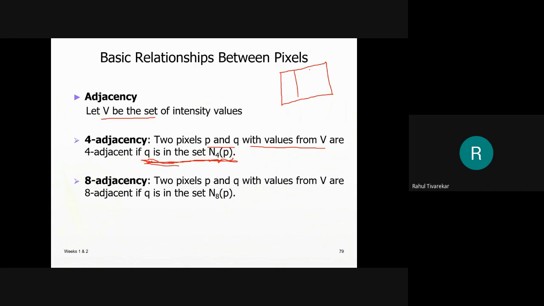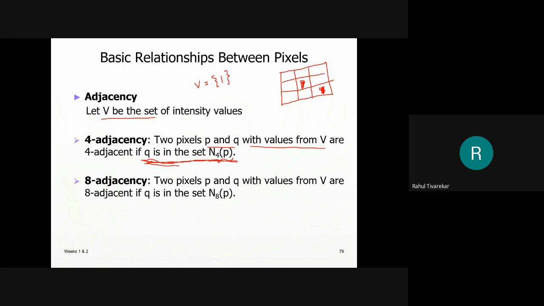Suppose I have an image like this. This is a 3 cross 3 image, and suppose pixel P is situated here and pixel Q is situated here. Suppose pixel P is 1, pixel Q is also 1, and we have a given set V that contains the element, let's say, 1.